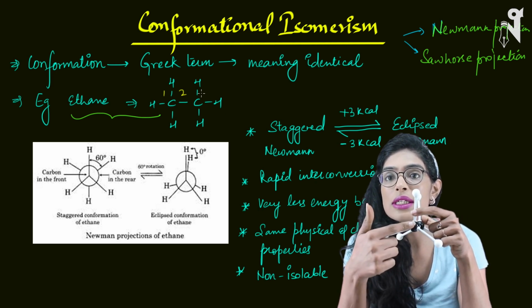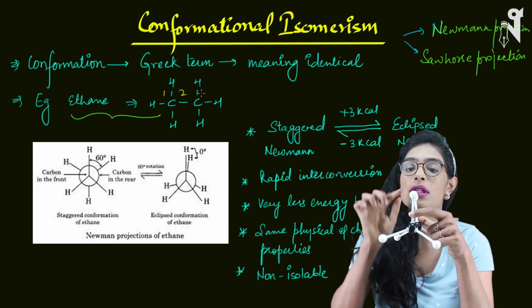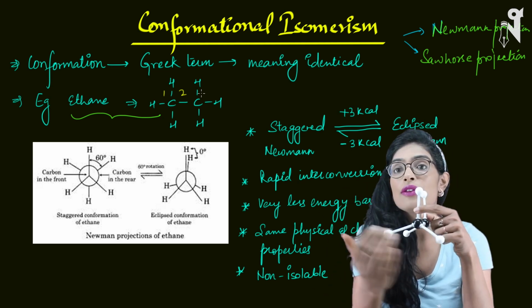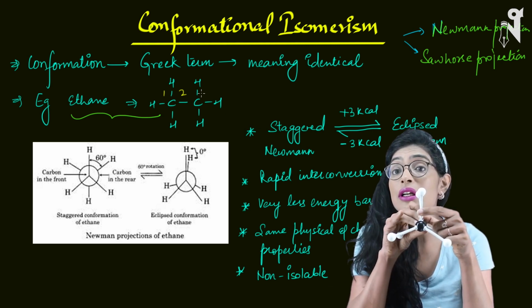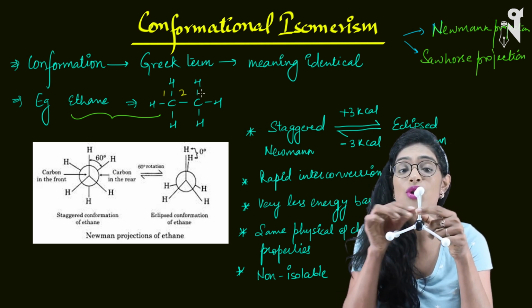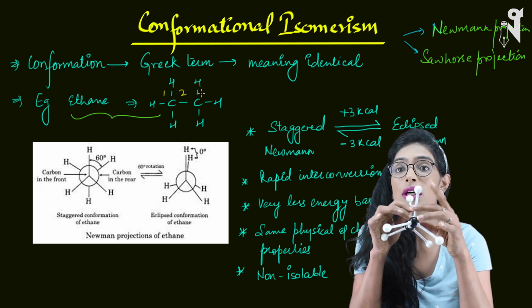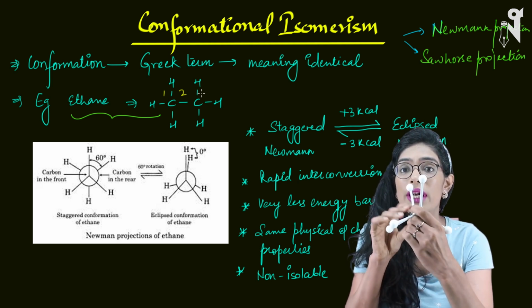This black ball is a carbon, and there is another black ball which is hidden. These are all the front hydrogens, and then we have a rear carbon with three hydrogens hidden just behind the front hydrogens.